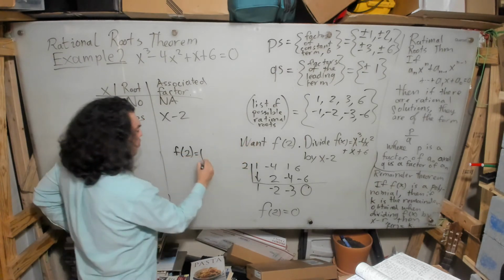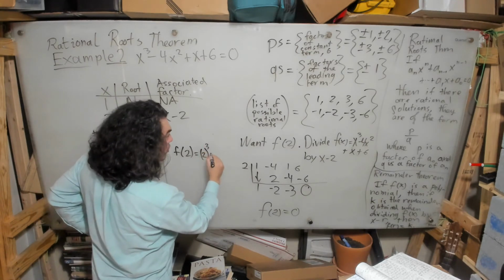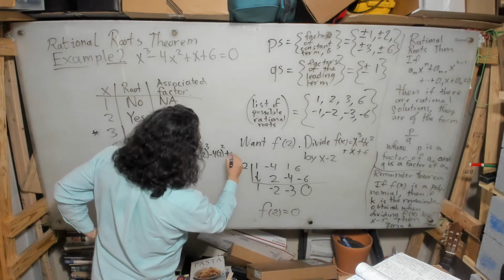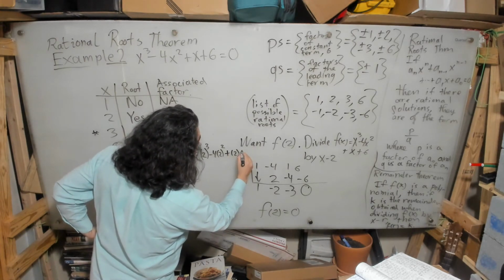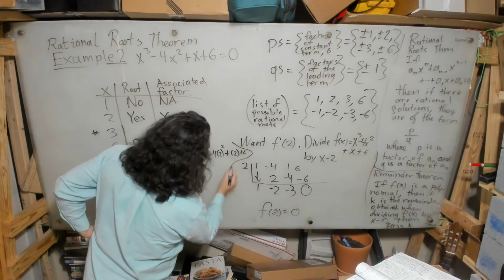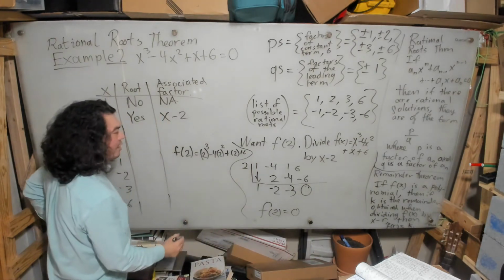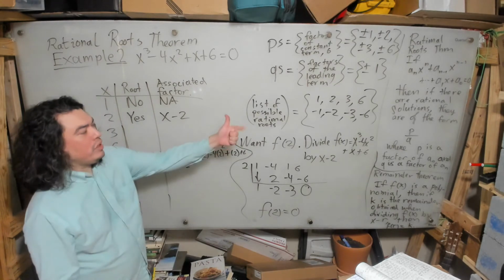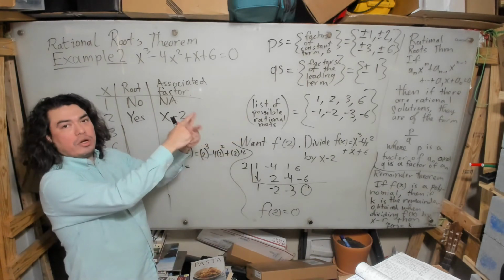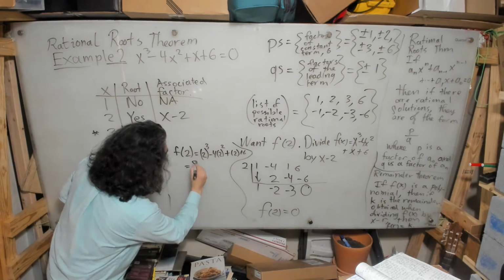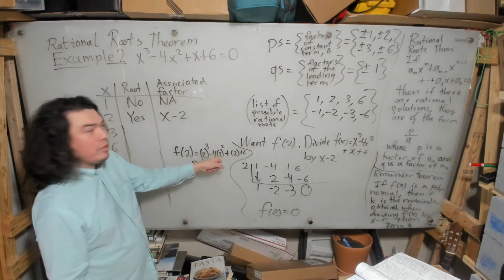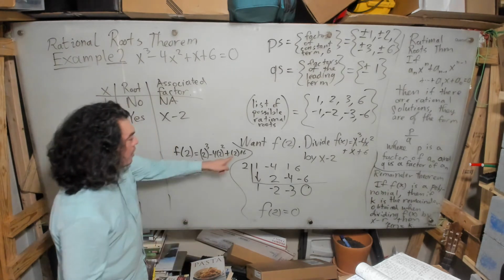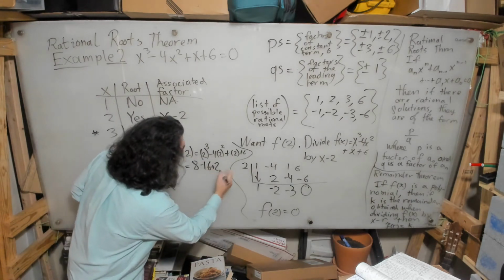Well, f of 2 would be, of course, 2 cubed minus 4 times 2 squared plus 2 plus 6. Sorry about that, I'm sorry this is so compressed. What is 2 cubed? It's 2 times 2 times 2. What's 2 times 2? 4 times 2, 8. So it would be 8 minus, what's 2 times 2? 4 times 4, 16 plus 2 plus 6.